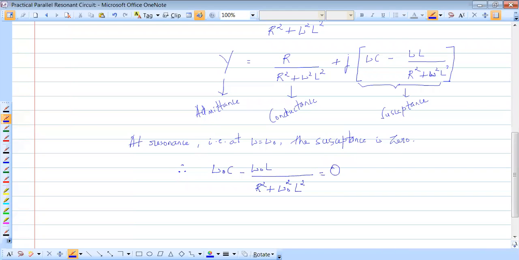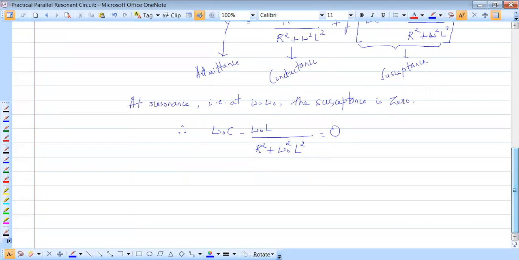Is everybody okay with this? Now, from here on, you need to obtain the equation for omega naught and eventually F naught. Fine. So, can you do that now? Everybody work out and get me the equation for omega naught. Go on, everybody. I'll be doing it, but keep doing it yourselves.